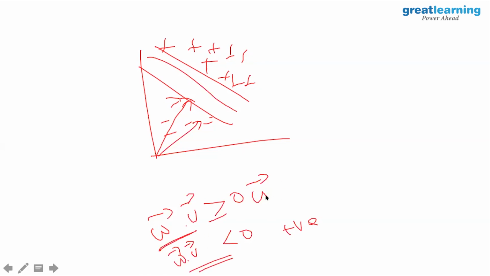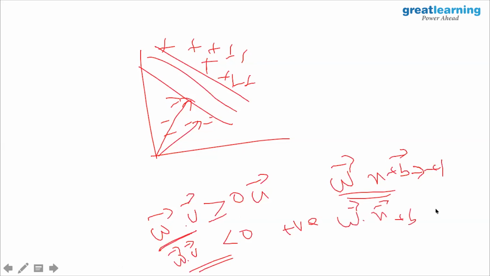This is a very simple explanation. In other words, we call this Wx plus b: if it is greater than or equal to plus 1, it is a positive class, and if it is less than or equal to minus 1, we call this a negative class. So this is a very simple math behind the classifier.